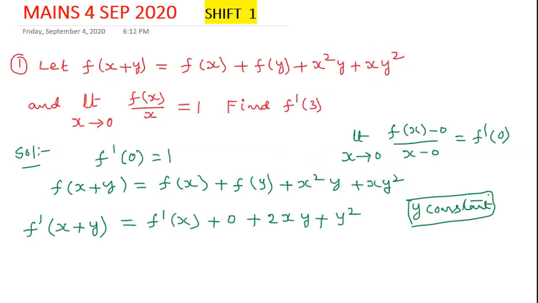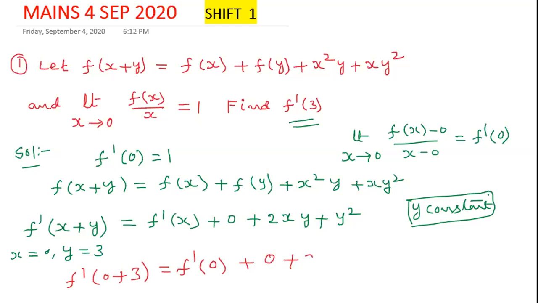Now here, they are asking f'(3). So how to find it? Take here x equal to 0 and y equal to 3. Then we get the answer easily. So f'(0+3) is equal to f'(0) plus 2 into 0 into 3, that is also 0, plus y means 3, that is 3 squared.